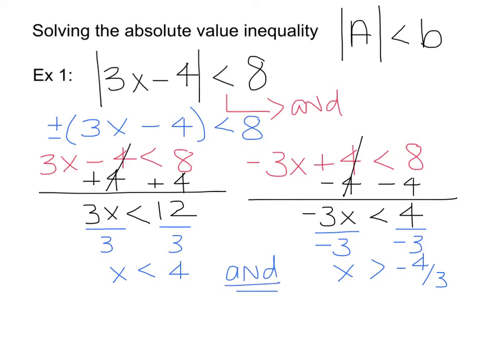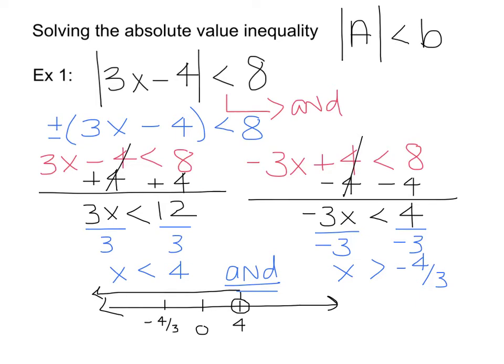Let's go ahead and graph this. 4 gets an open circle because it's just less than. And 0 is less than 4, so I would shade everything to the left-hand side. Now graph negative 4 thirds. It's just greater than, so it also gets an open circle. 0 is greater than negative 4 thirds, so I shade everything to the right.